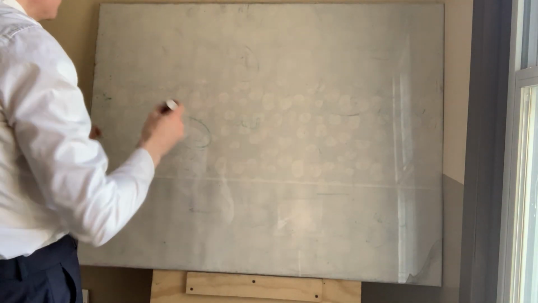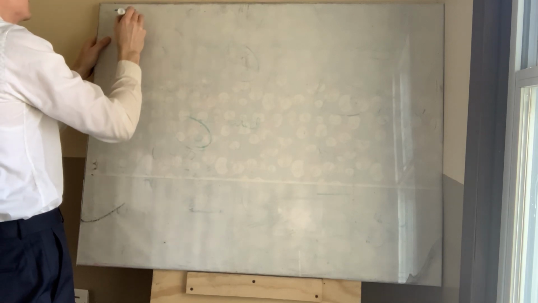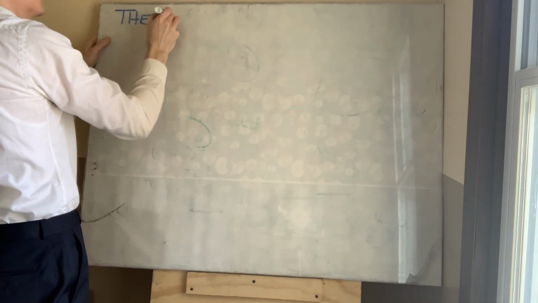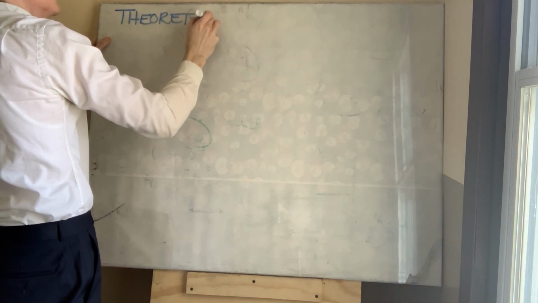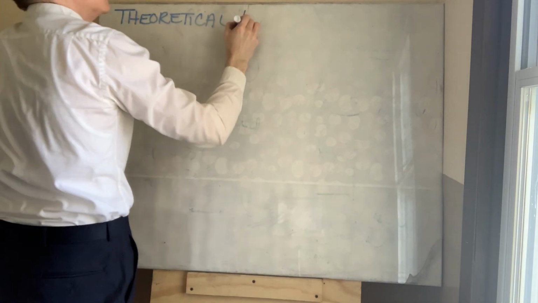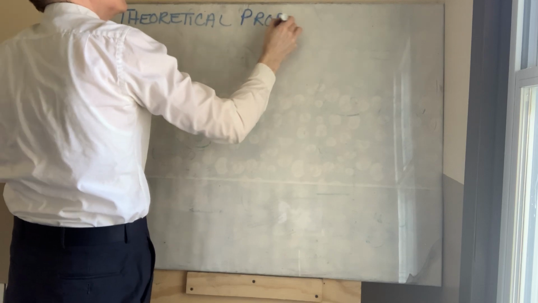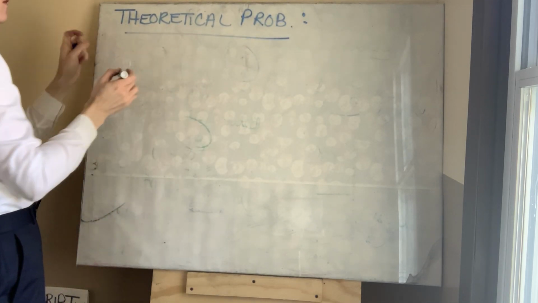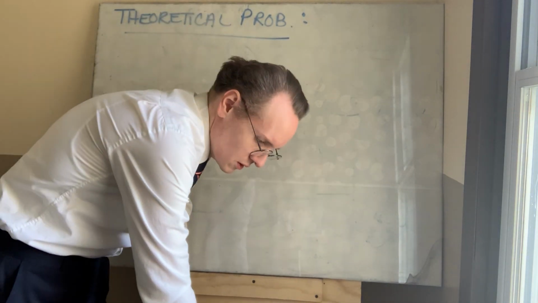Let's do some examples of theoretical probability, which for whatever reason I have subconsciously decided is blue. Several of these.